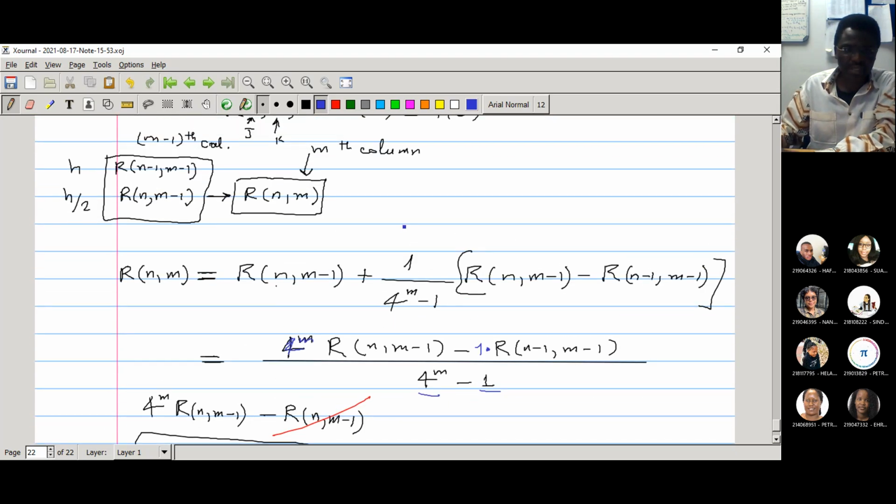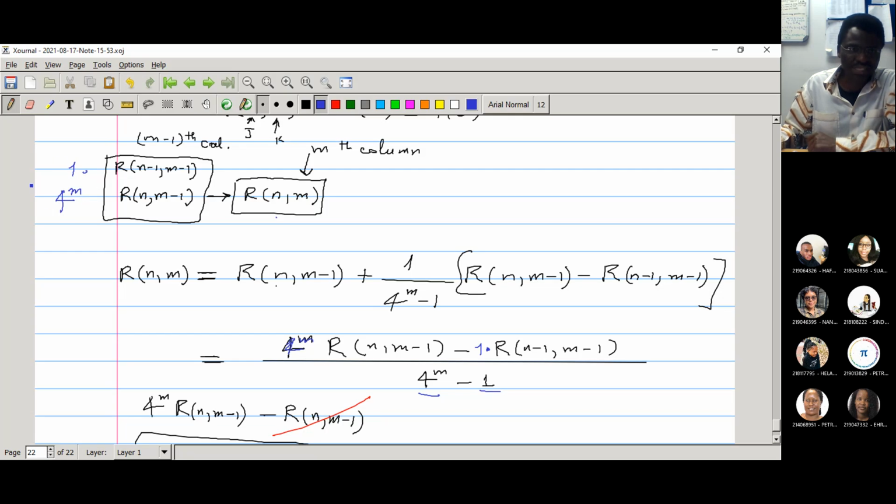I repeat, this is a weighted sum of these two, where the factor of the row above is 1, and the factor here is 2 to the n. So I have 1 as a factor here. I repeat, here I have a factor of 1, and here I have a factor of 4 to the n.